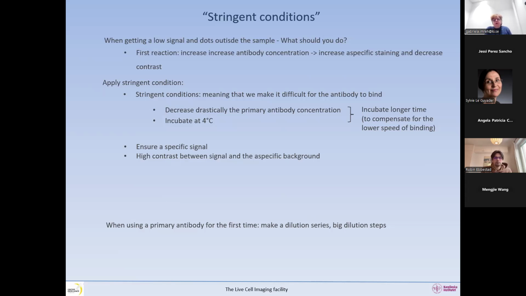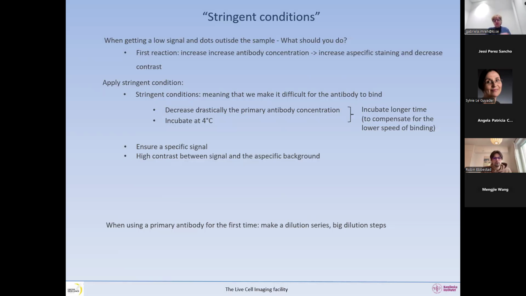Now, just a few words about stringency. I think that you heard about this word before, stringent conditions. So what do we do? Then we look at our sample in the microscope, and we see very low signal and some dots outside. What should you do, and what is the first thing that most of us are doing?